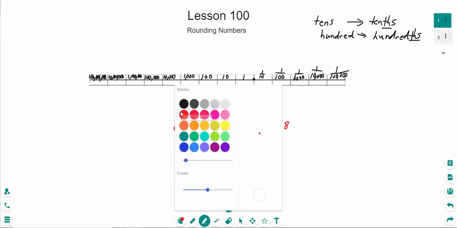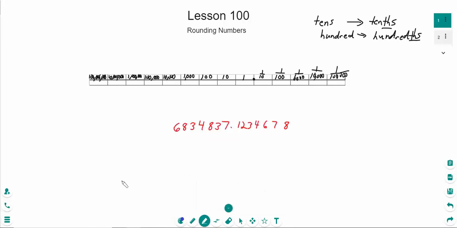Well, the first step is always to find the house in question. So if I say round to the tenths house. All right. And so the first step is always to find the house in question.